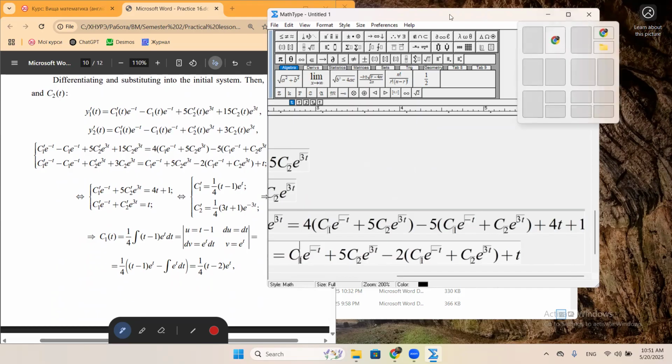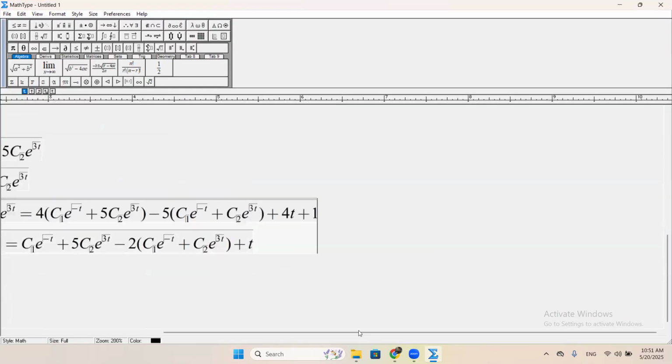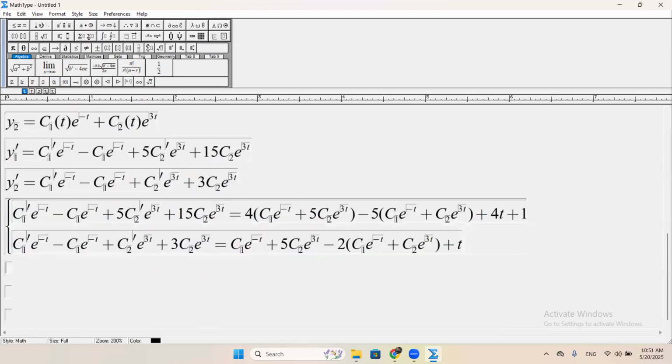And now let's skip all steps and we will just receive the solution of the system with respect to C1 and C2.